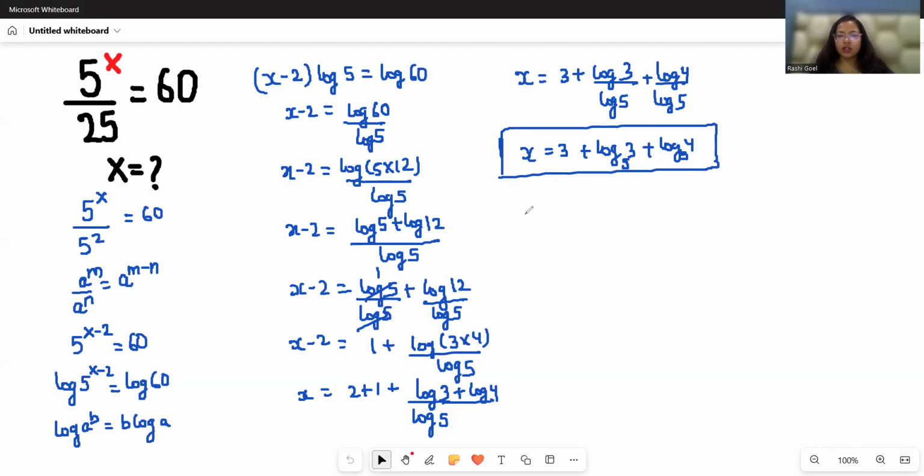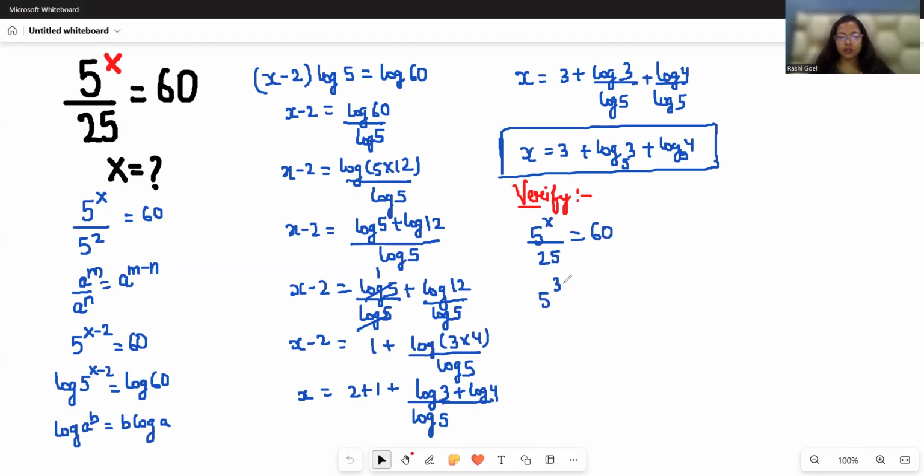Now let's verify this. So 5^x / 25 = 60.